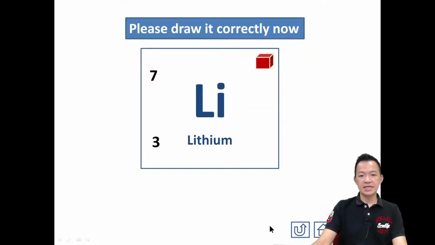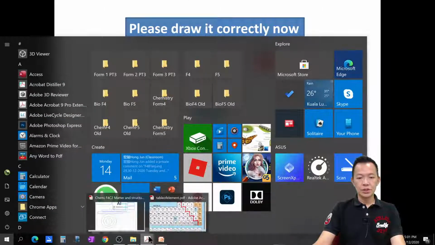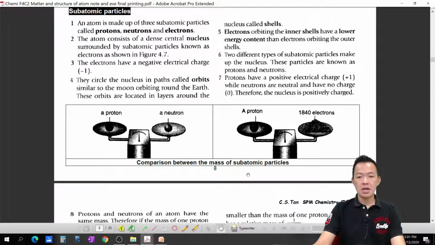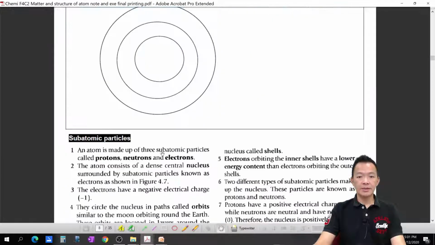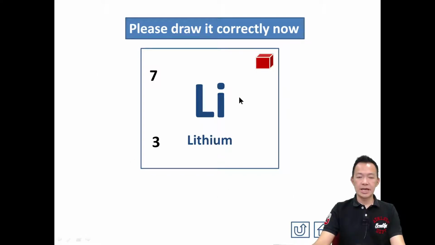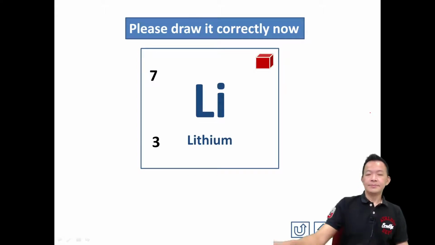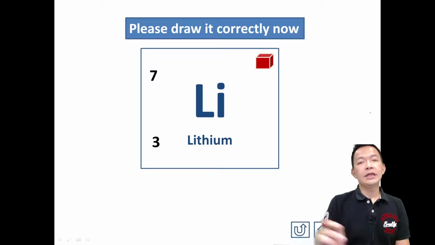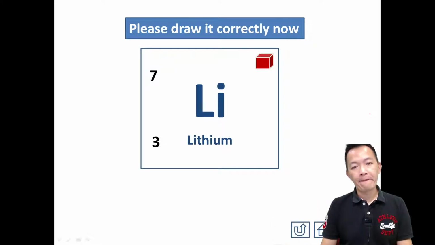Go to your notes, copy this, and after you copy, draw the atom of lithium. Lithium atom, please draw it. Start now. How to draw? Draw a nucleus, with electrons beside it.